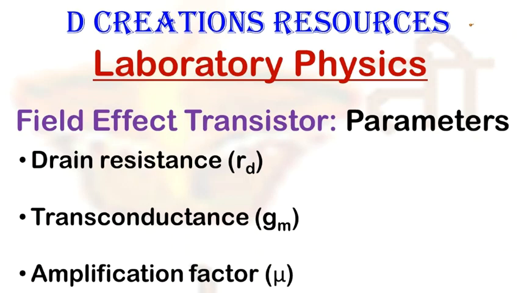So it comes as no surprise that it is going to be a ratio of some change in current and some change in voltage. So when I say ratio of change in drain current to the corresponding change in gate source voltage at a constant drain source voltage VDS, how do we denote it? We denote it as delta ID upon delta VGS at a constant VDS.